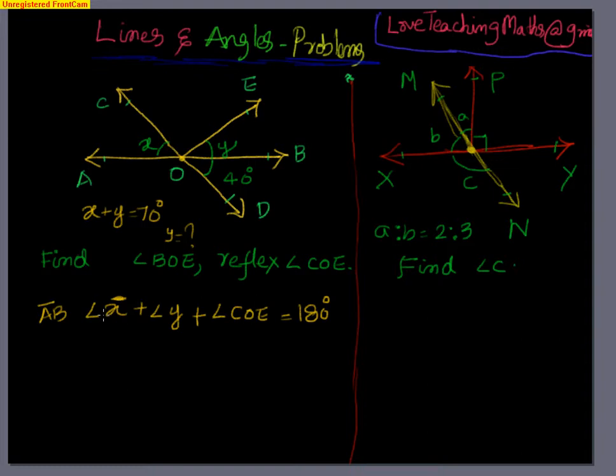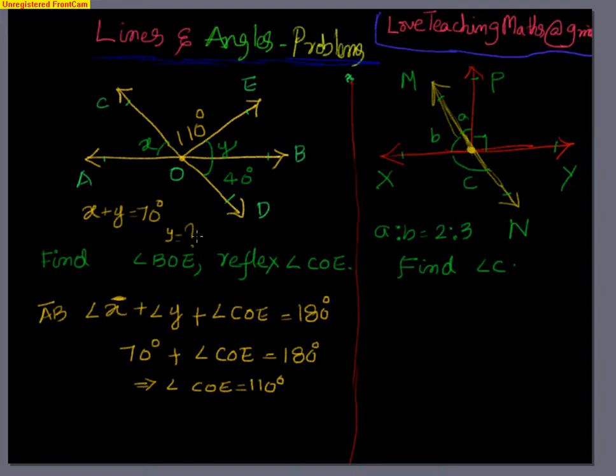But we know that x plus y is 70 degrees. So 70 degrees plus angle COE is equal to 180 degrees, which gives angle COE equal to 110 degrees. Now we have to find out what y is.